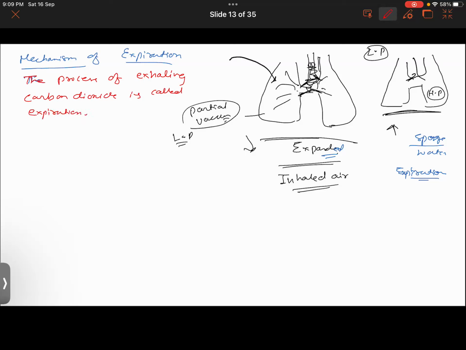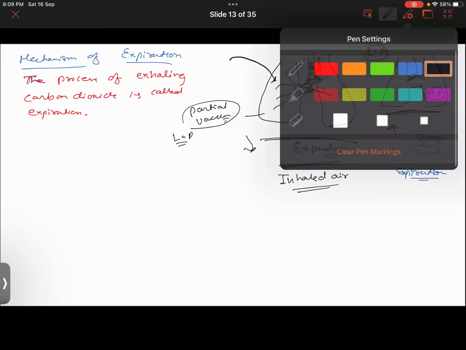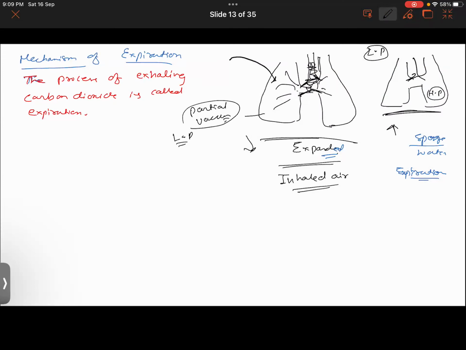Okay. Now you see, in order to inhale air, you have to apply force. If you're taking air inside, you have to apply a little bit of effort. While in order to release the carbon dioxide out of our lungs, you don't have to put in more energy.